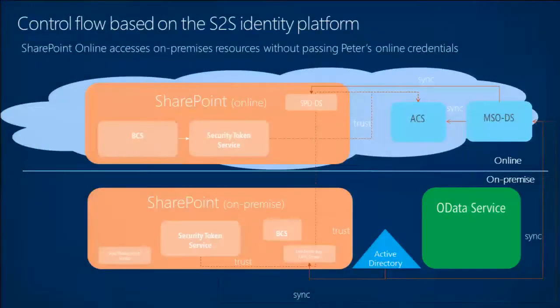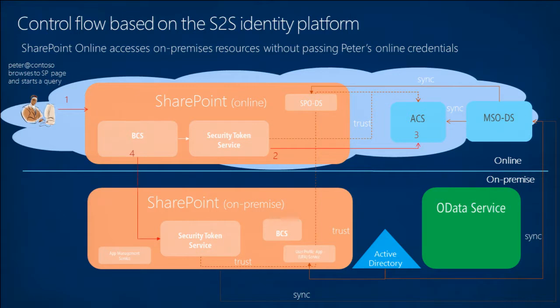So what does that mean? I want to take a very specific example of a user, we'll call him Peter, who goes to a SharePoint page, and that page has a query in it. Let's say the page has an external data list which uses BCS to connect to data. The first thing that happens is that SharePoint Online receives that request. BCS receives that request and then calls the security token service. The security token service calls ACS.